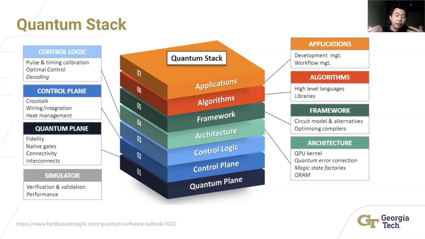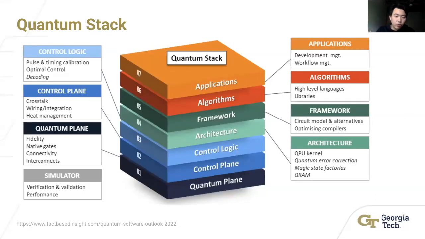And you're running this framework, circuit model. Maybe people are usually familiar with the Qiskit language. We can run it on Qiskit. And then at the architecture level, you're going to have many things like error mitigation. You're compiling, you're doing the gate scheduling. You need to compile your circuit into some native gates. Each hardware has its own native gates.